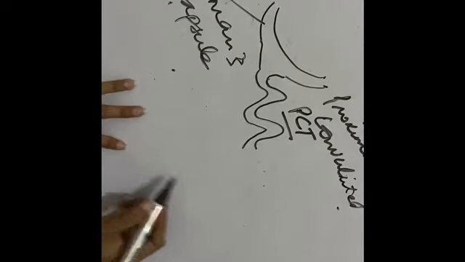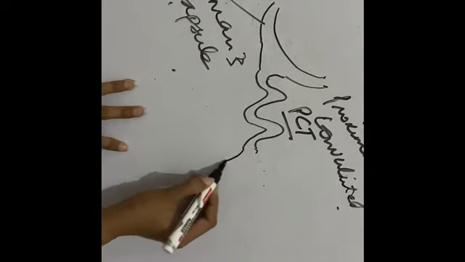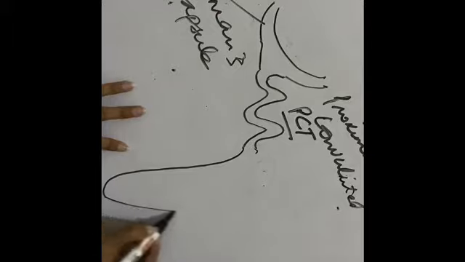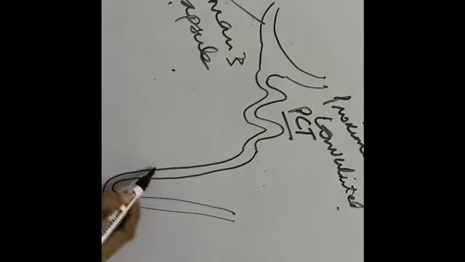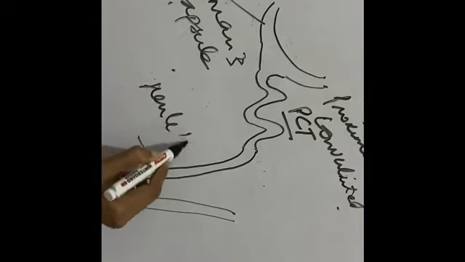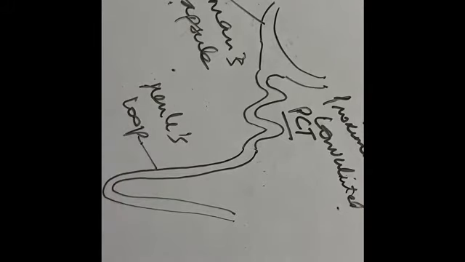It then forms a U-shaped tube known as Henle's loop. And then again another convoluted tubule is formed, which is known as DCT. And the last one is the collecting duct.